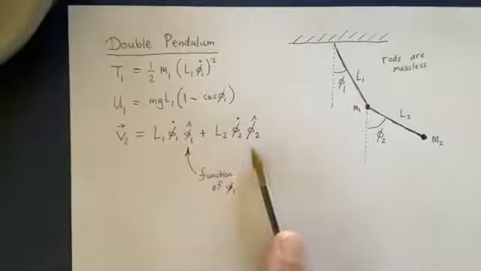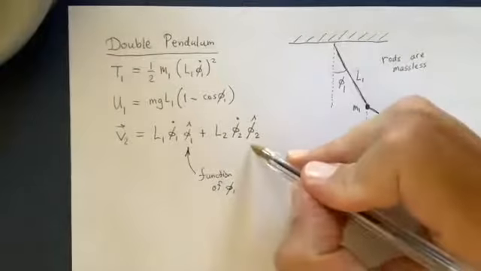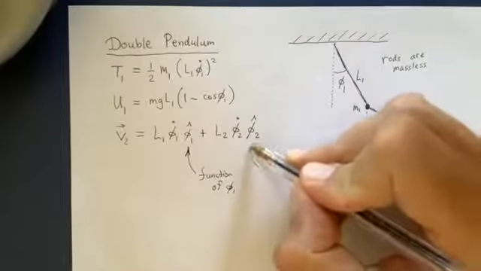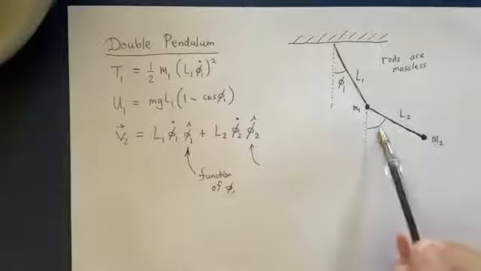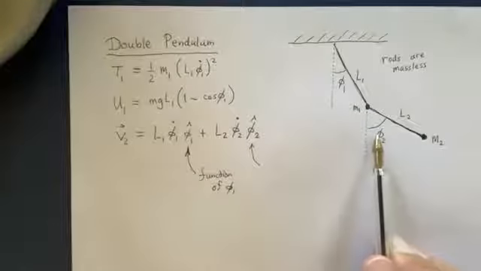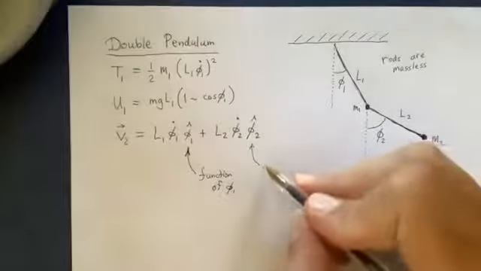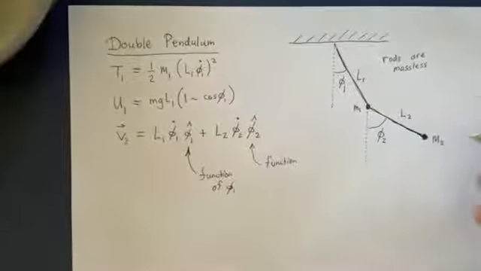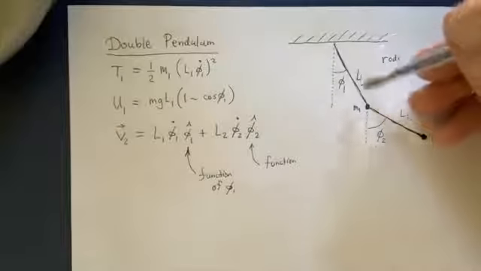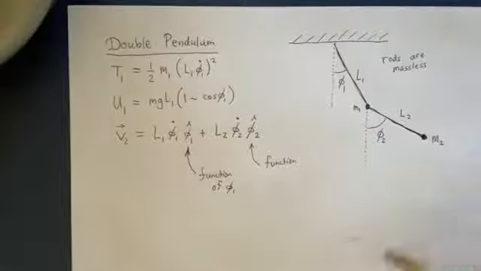How about this phi2 hat? This depends on both the angles. So the phi2 hat, okay, look at this picture here. Okay, wait a second. No. This one does not. This one depends only on phi2. So that's a function of phi2, sorry. If we had defined phi2 relative to the extension of the upper part of the pendulum, then we would have had some complications here.